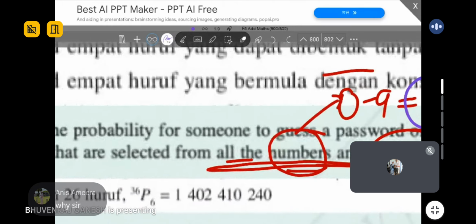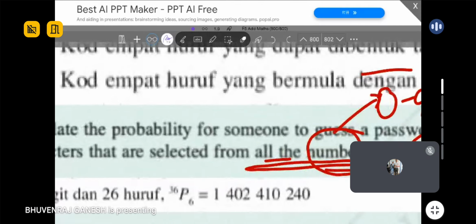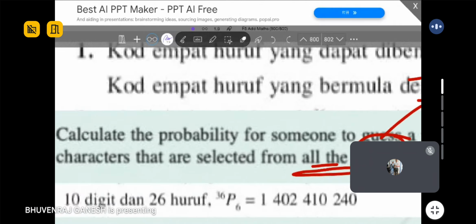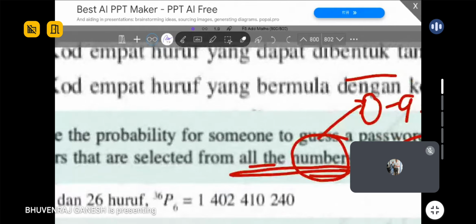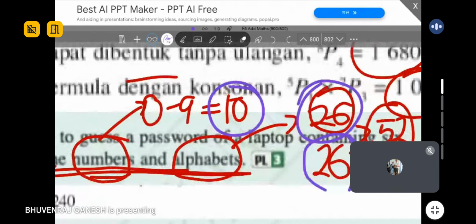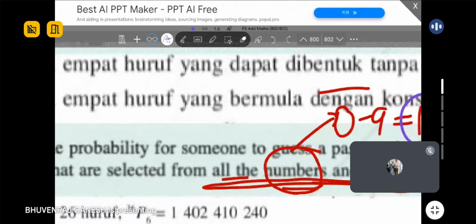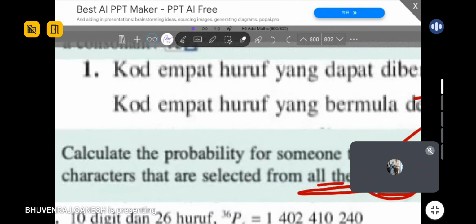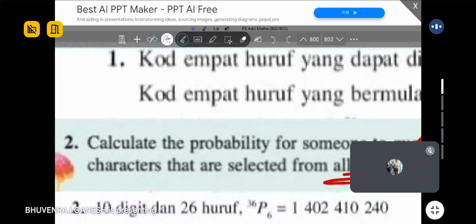Okay, sebab kamu nak bentuk kod 6 digit. So P6 lah. Why? Actually, to be honest, let me see. The question is not so clear actually. Soalan tak jelas sangat sebenarnya. So if you put 52 plus 10, yes, I understand your point. 62 P6. Generally, I think is correct also.